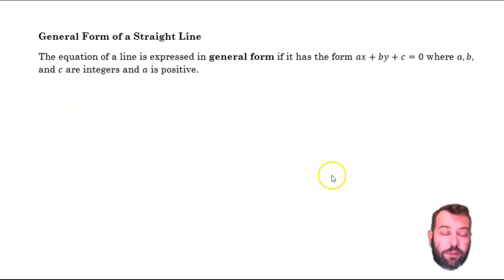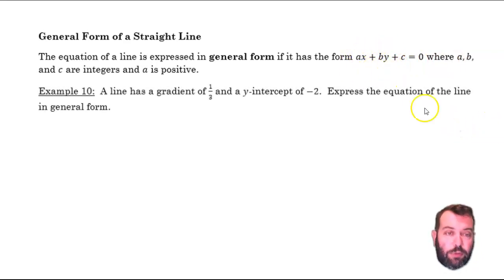The general form of a straight line is a nice standard way of doing it, and we can use those coefficients in standard sorts of ways. Now the general form is ax plus by plus c equals 0. A, b, and c must be integers, that is whole numbers, and a must be positive. So we rearrange any equation until it meets those criteria.